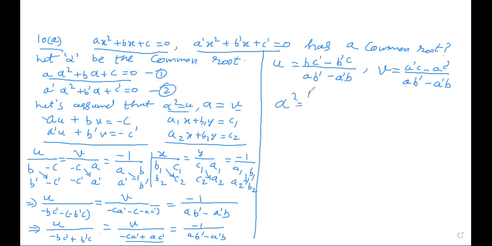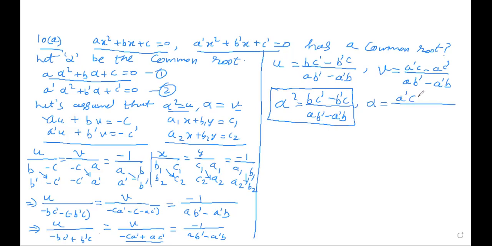So alpha square equals to, we have found bc dash minus b dash c over ab dash minus a dash b. Okay. And alpha equals to a dash c minus ac dash over ab dash minus a dash b. Is that clear to everyone?